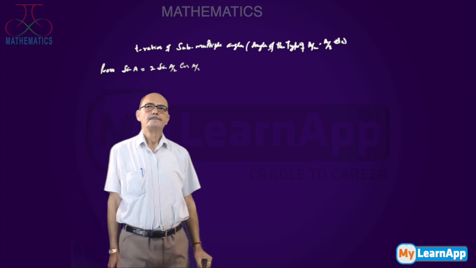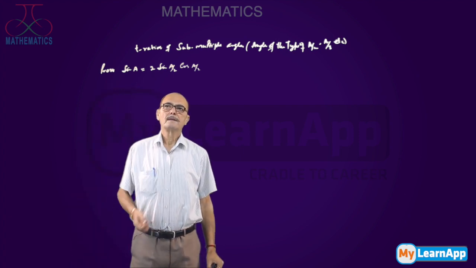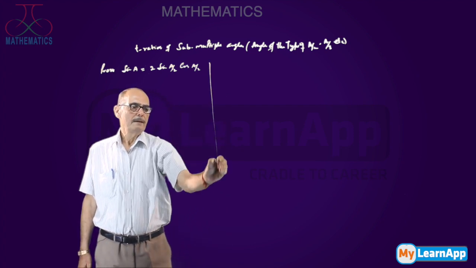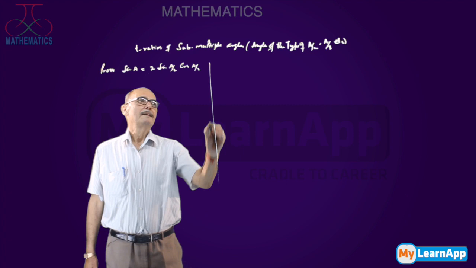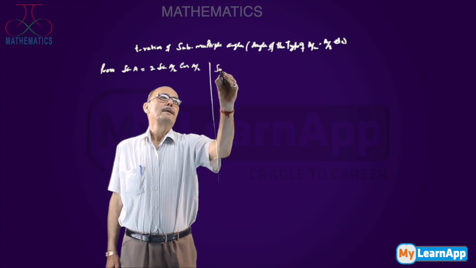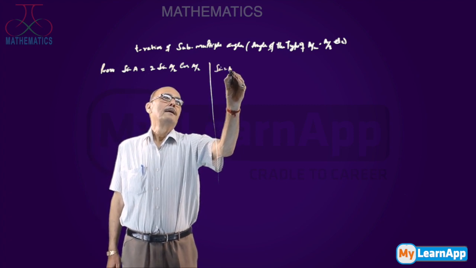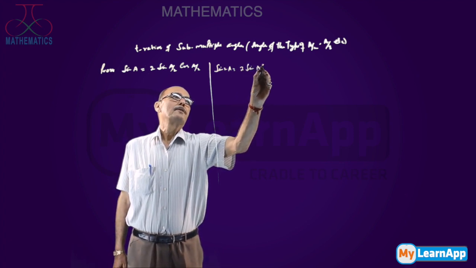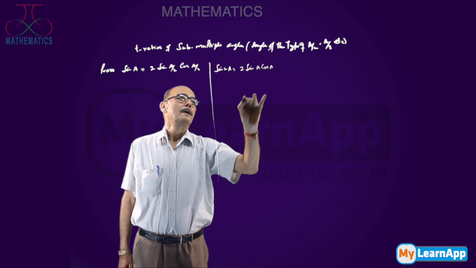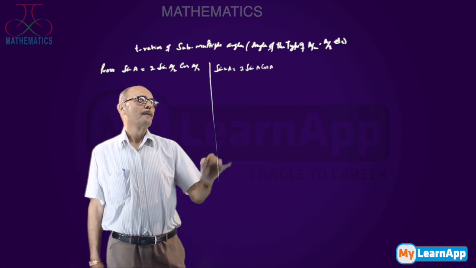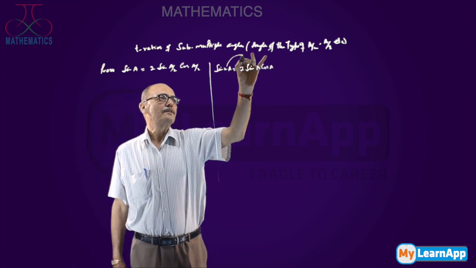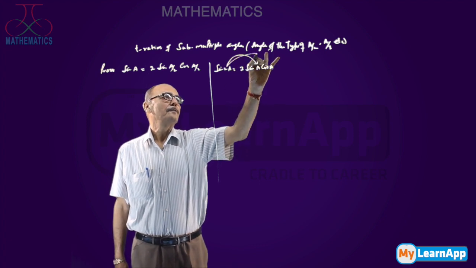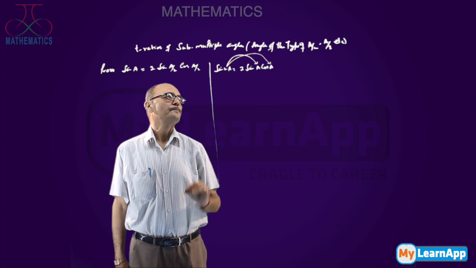Basically, these formulas are similar to the formulas which we have done earlier, like sine of 2A equals 2 sine A cos A. Half of this will come with sine and half of this will come with cos.